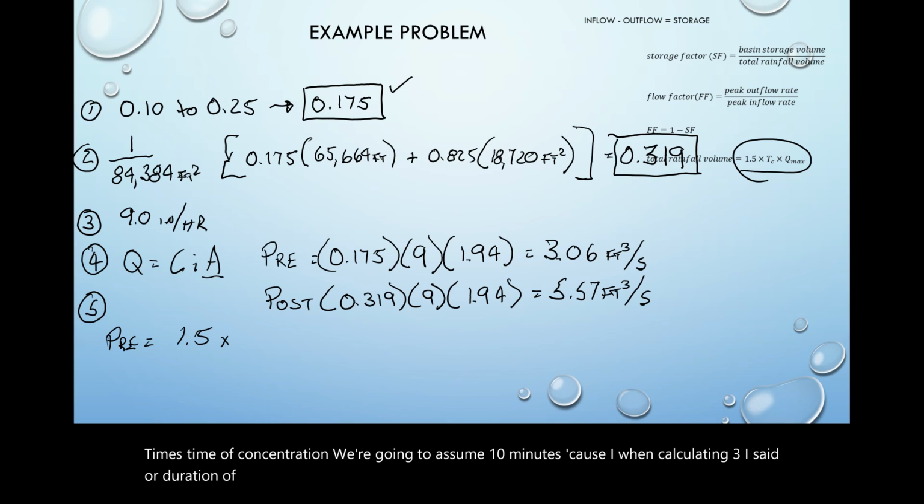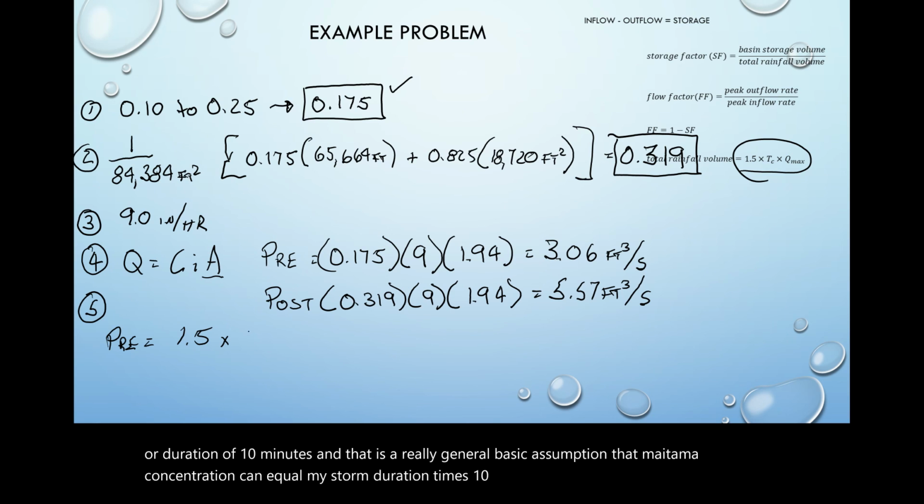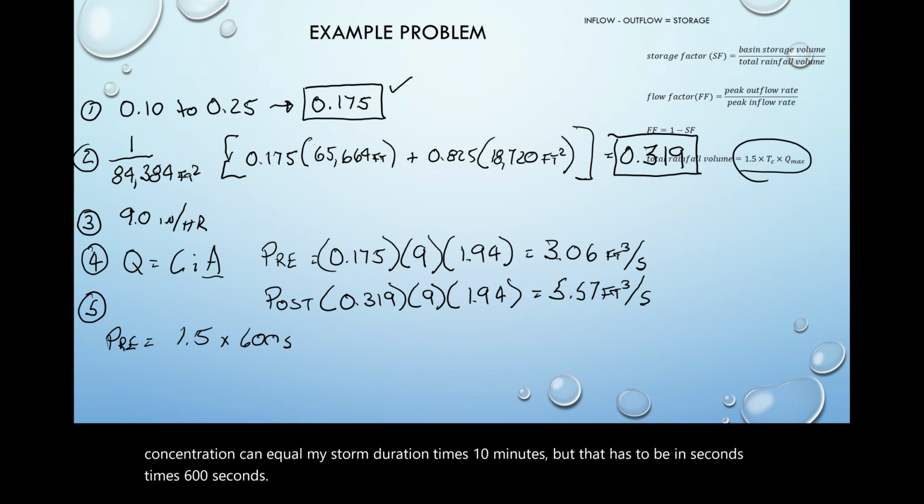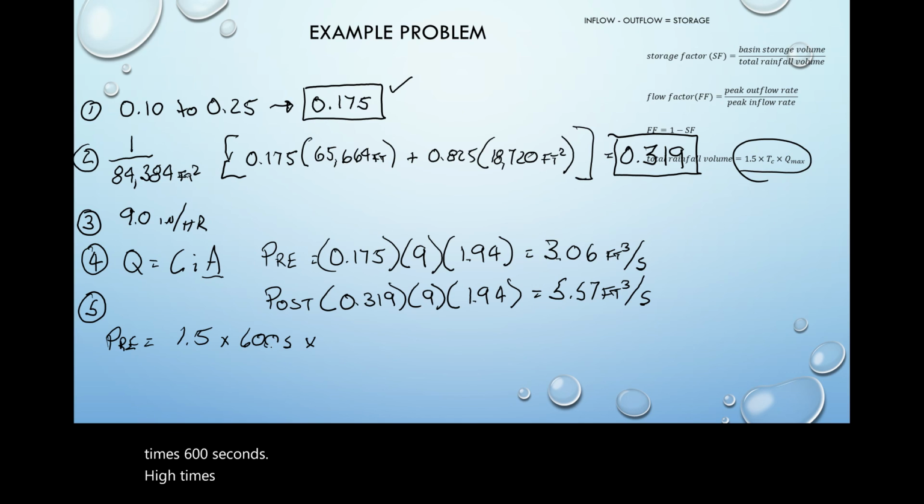That is a really general, basic assumption that my time of concentration can equal my storm duration, 10 minutes, but that has to be in seconds, so 600 seconds, times my total area of Q max. So, this is the pre-development, times 3.06.